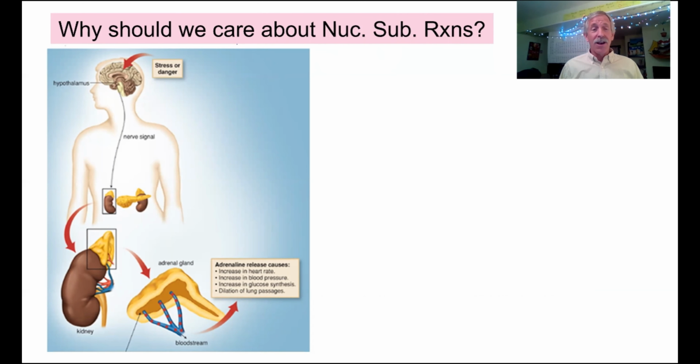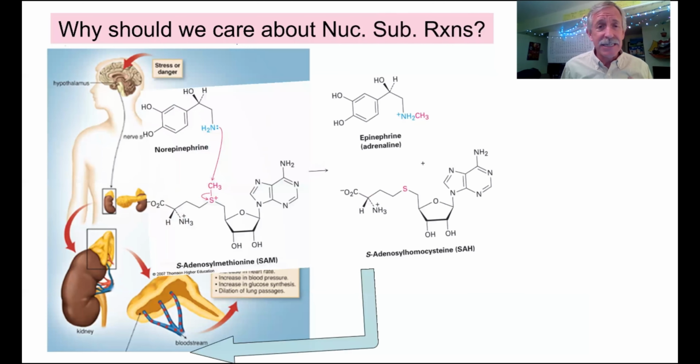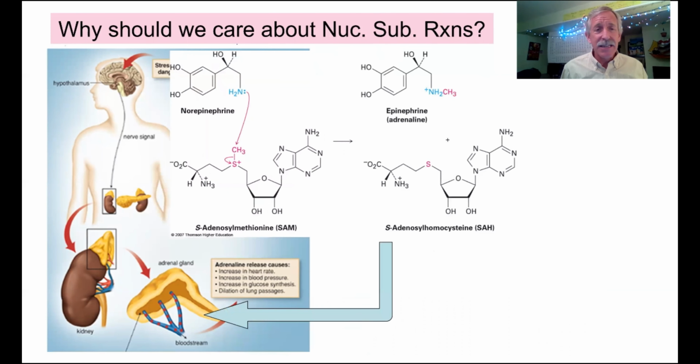What was going on? My brain sent a signal to create the adrenaline from norepinephrine. And so to take norepinephrine and create epinephrine, adrenaline essentially, my body had to do a nucleophilic substitution reaction. It had to take this amine and react it with the methyl.